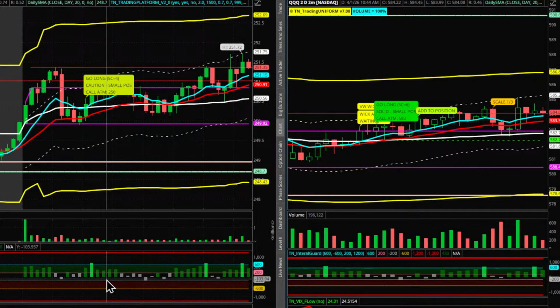Right now, it looks like it is consolidating, especially QQQ.